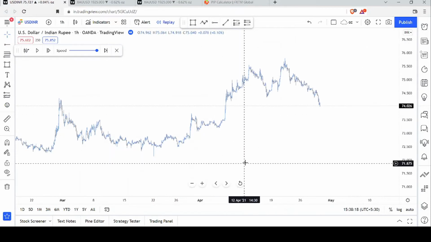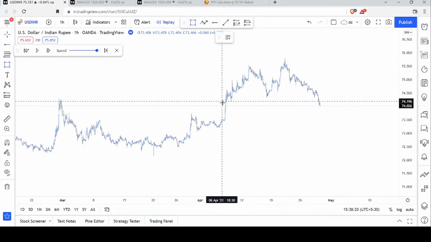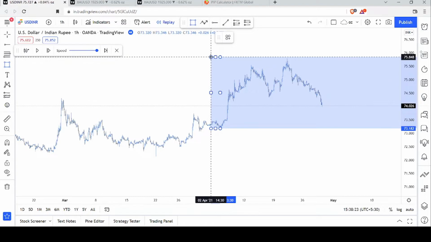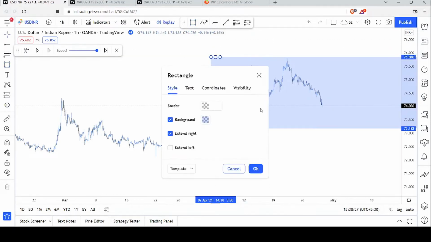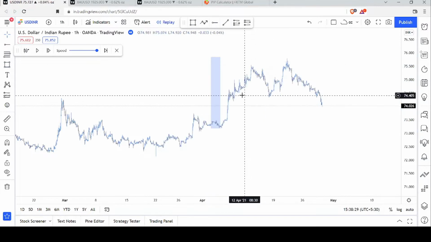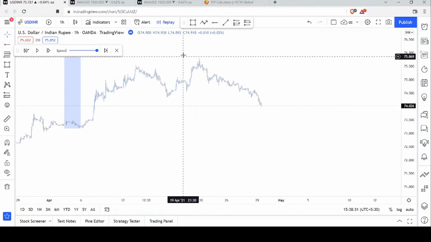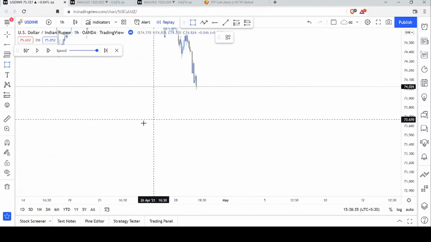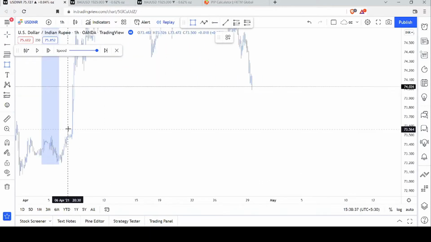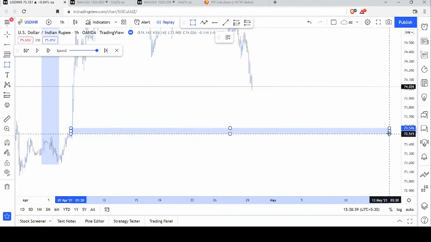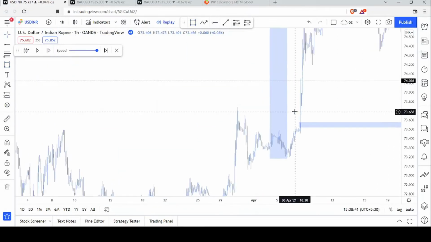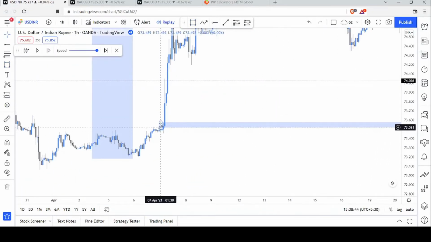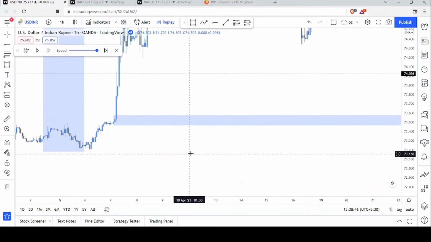It is coming with an impulse, right? So this is our box. This all is our first box. This is our first box. Where is your second box? Where is this coming from? Okay, this.